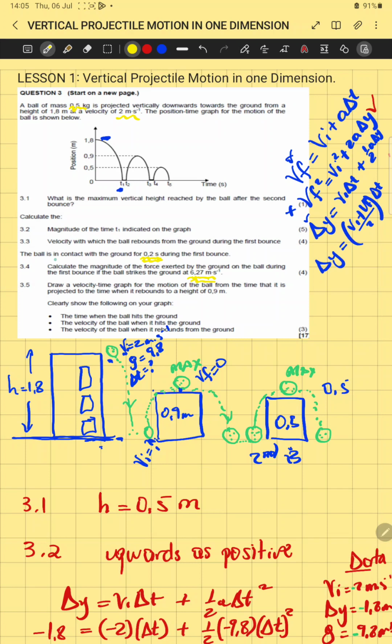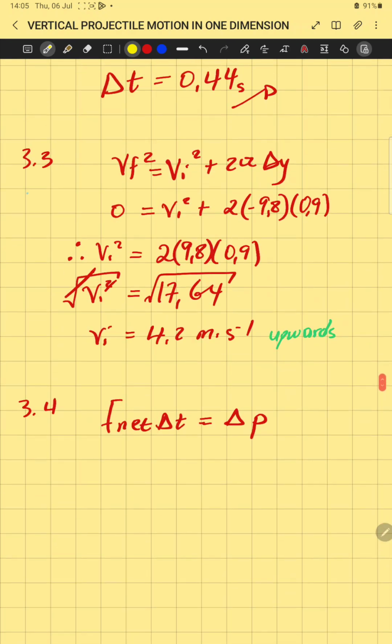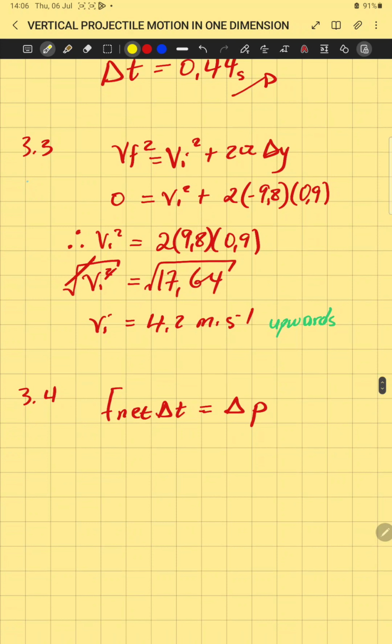This is the final velocity, so that means we can use this equation over here, right? Sorry. So now let's just make F net the subject of the formula. F net must be equal to, remember, change in momentum, which is mass times VF minus VI, and then divided by time, which is delta T. We just substitute.